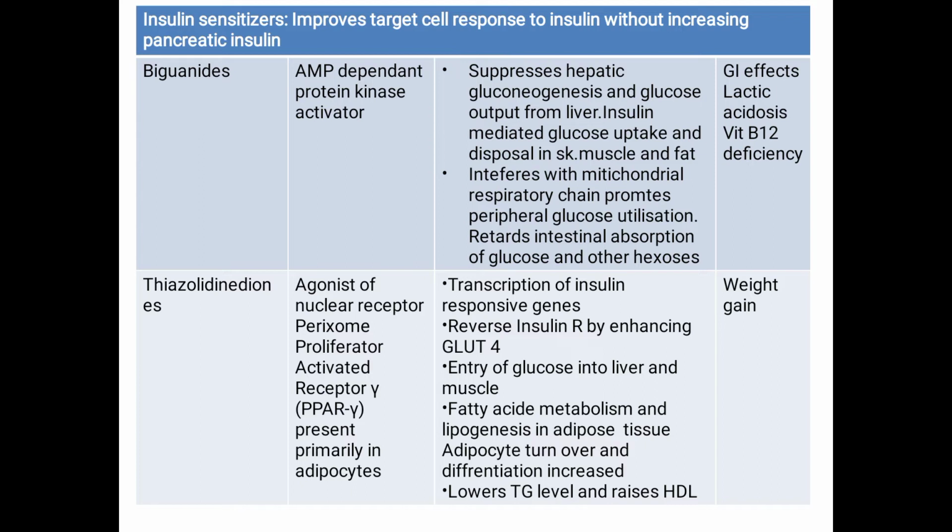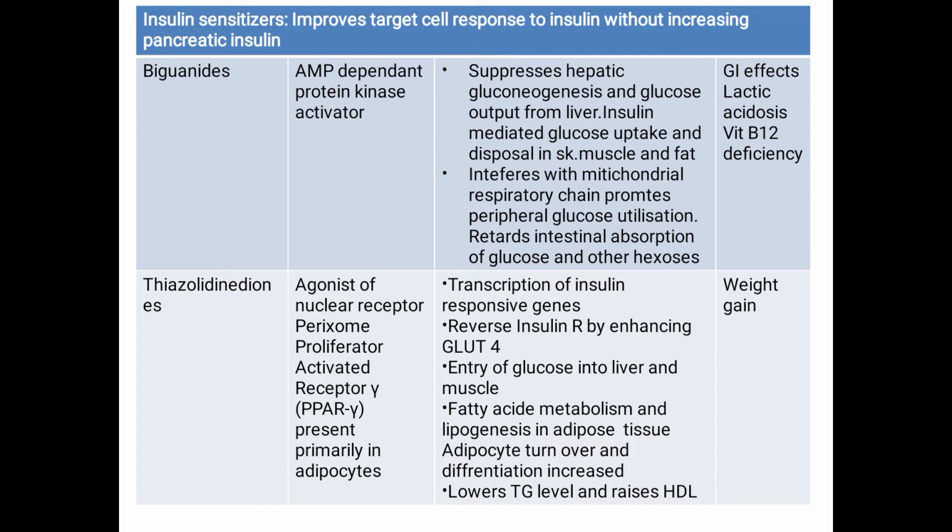So all the sensitizing actions, that is taking the glucose, putting it in the fat and skeletal muscle, and also promoting the peripheral glucose utilization, everything is the function of biguanides. So apart from that, it is also having one function, that is it will retard the intestinal absorption of glucose and other hexoses. Okay, so this is the mechanism of action. You have to remember the target is the AMP dependent protein kinase activator.